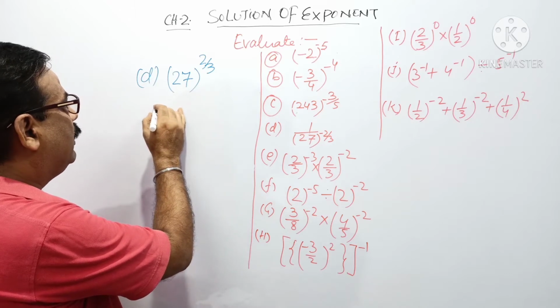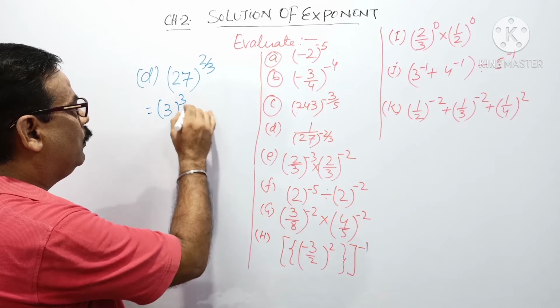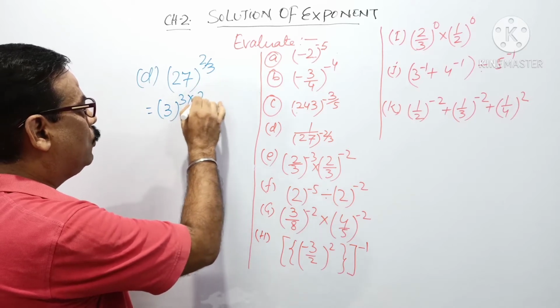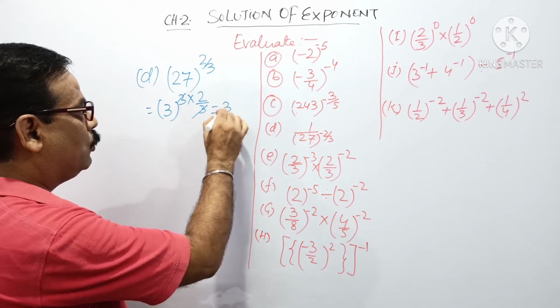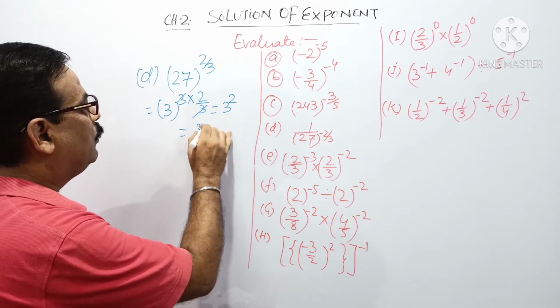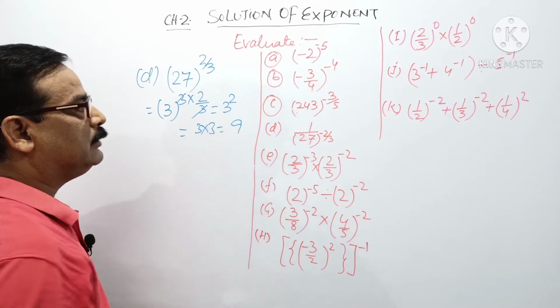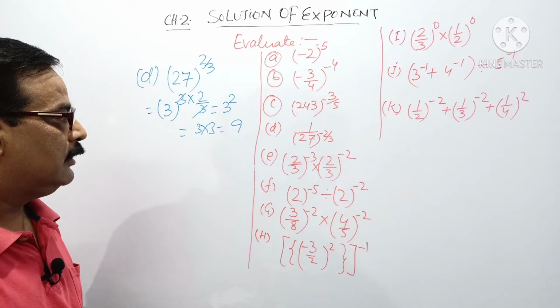So we can convert this number into 3 to power 3, and the power is already given 2/3. We can cancel from here and write 3 to power square, and the value of this term is 3 into 3, which is 9. So the answer of question number D is 9.